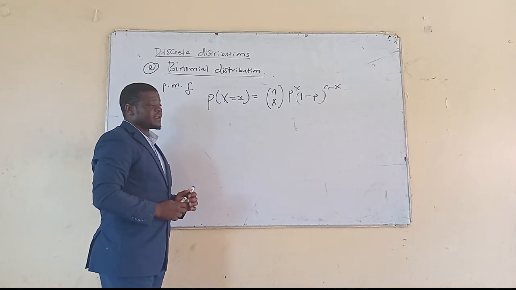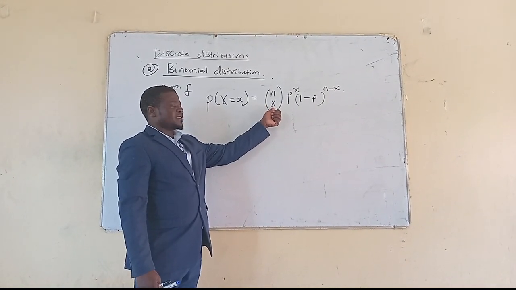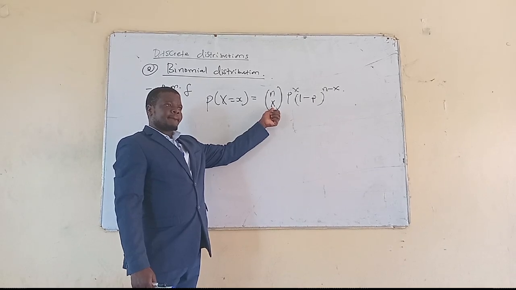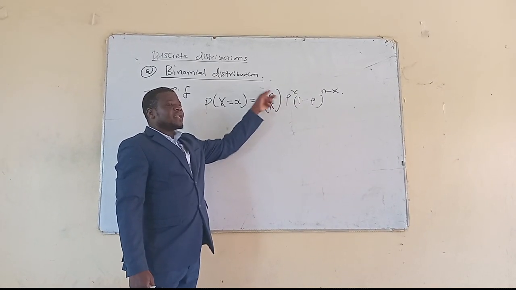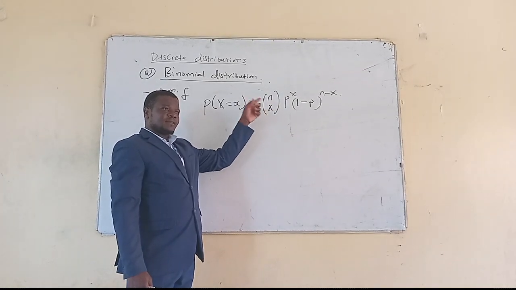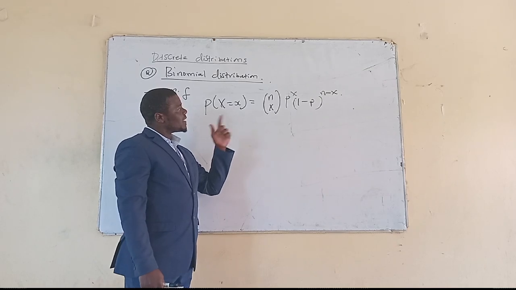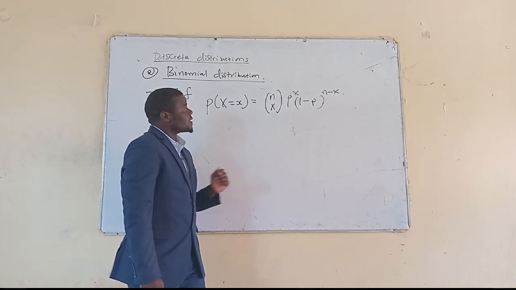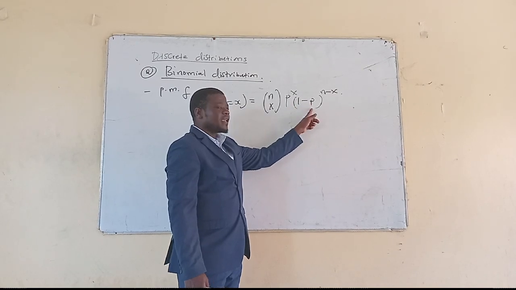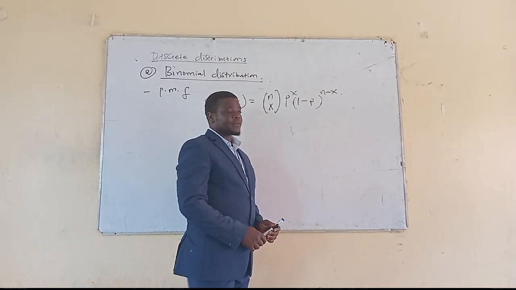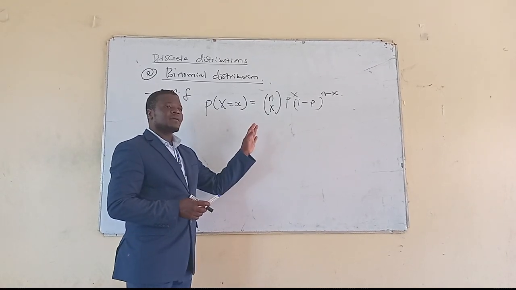You are interested in the event x, the number of successes. But you try n times, so n looks like the sample size, with probability p of success and probability 1 minus p of failure. So this is the probability mass function for a binomial distribution.